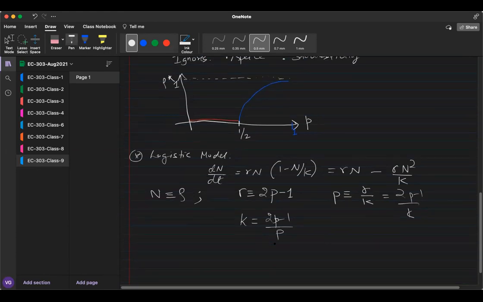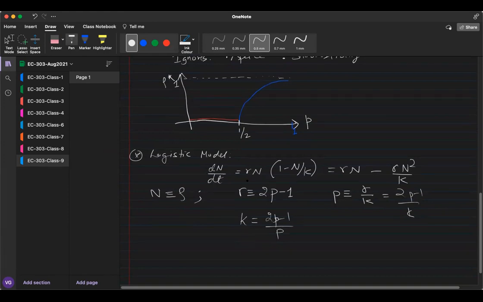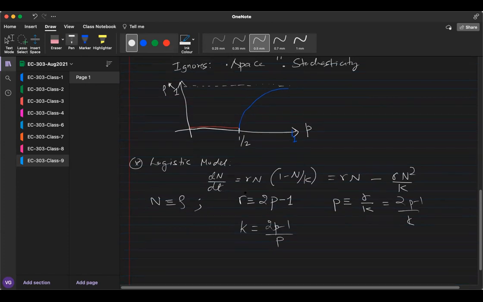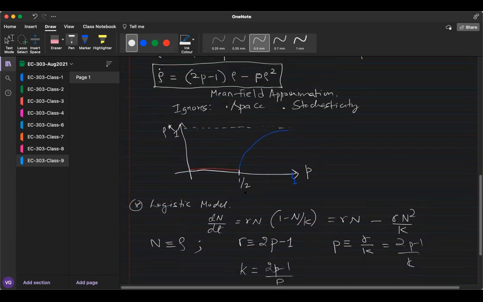Is it clear to everyone? Now what is interesting is that the logistic model had two parameters, R and K, and now this model has only one parameter. Of course, that is partly because we took the birth rate as p and the death rate as 1 minus p.